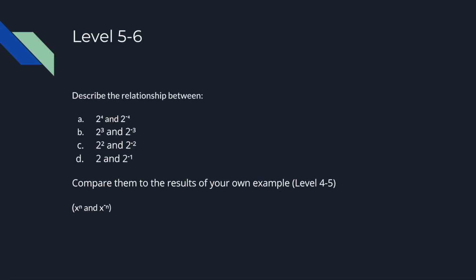For levels 5 and 6, we have to describe the relationship between x to the power of n and x to the power of negative n, which we were actually supposed to describe between 2 to the power of 4 and 2 to the power of negative 4, 2 to the power of 3 and 2 to the power of negative 3, and so on until 2 to the power of 1 and 2 to the power of negative 1.